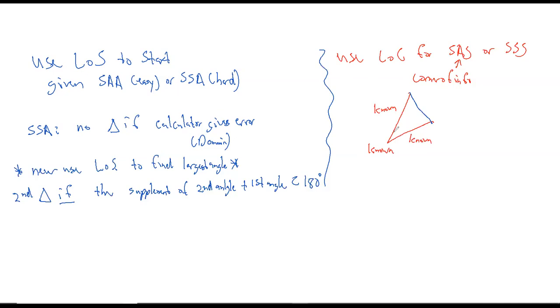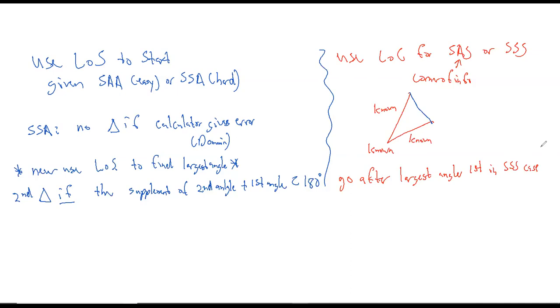And same thing, we want to go after the largest angle first in the side, side, side case. This is an optional technique in that there are other ways of making sure that you don't screw this up.